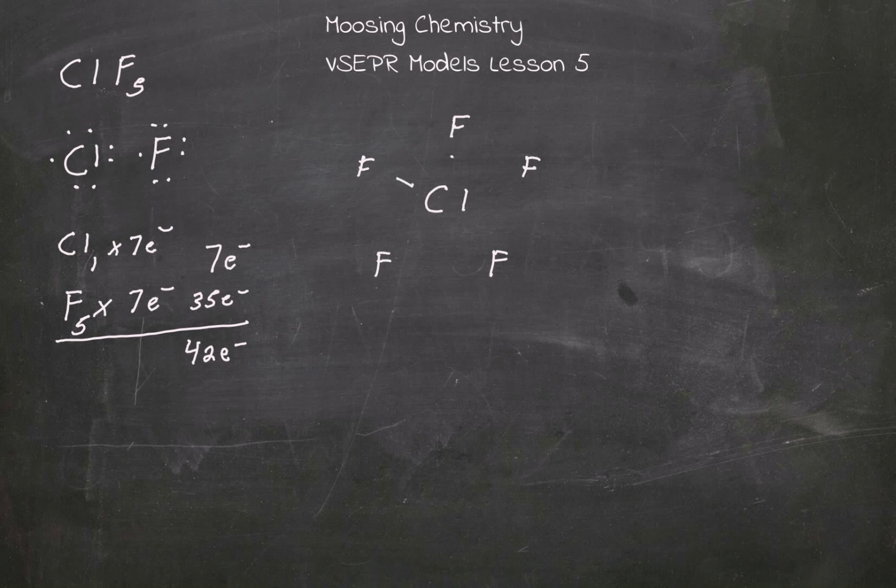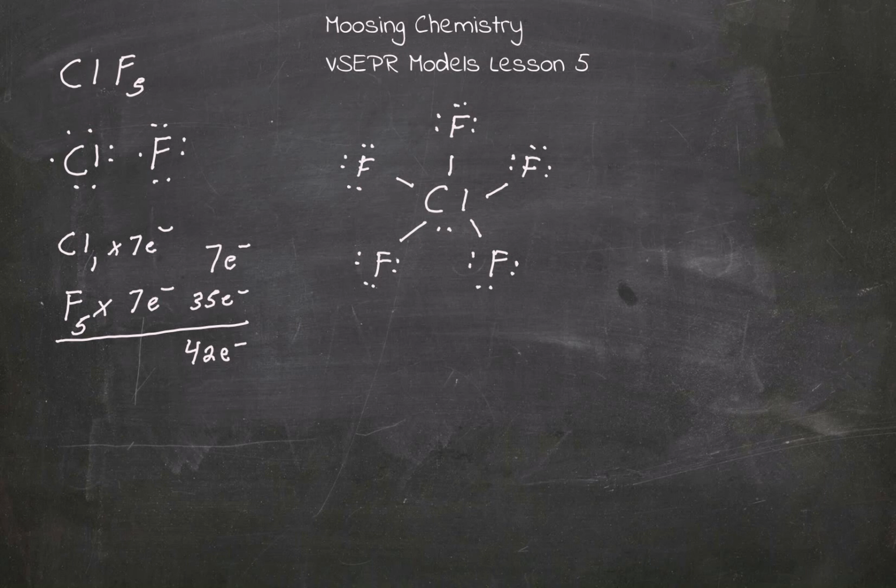So it's 2, 4, 6, 8, 10, 12, 14, 16, 18, 20, 22, 24, 26, 28, 30, 32, 34, 36, 38, 40. Now we have 2 valence electrons left, so they're going to go back onto the core atom. And we're going to definitely violate the octet rule with chlorine.